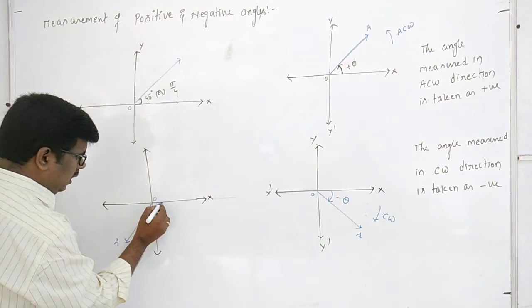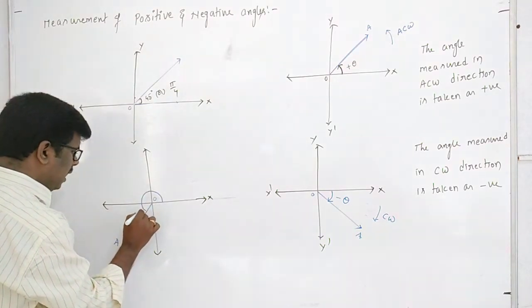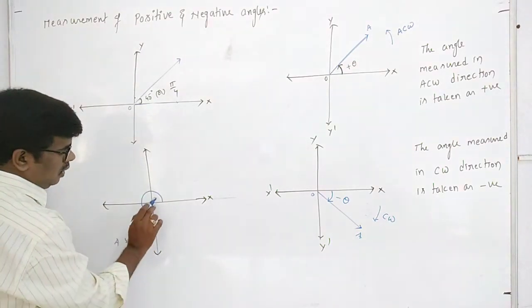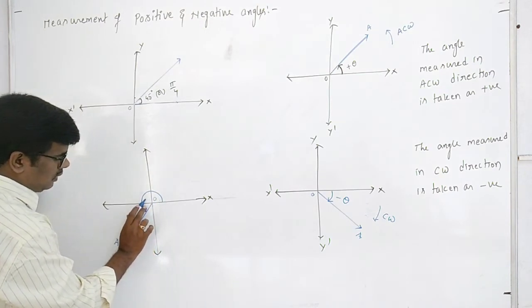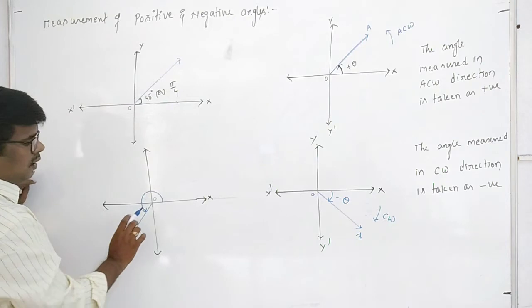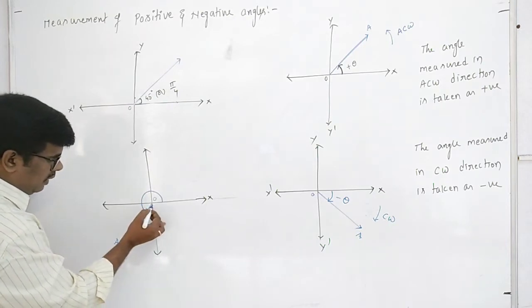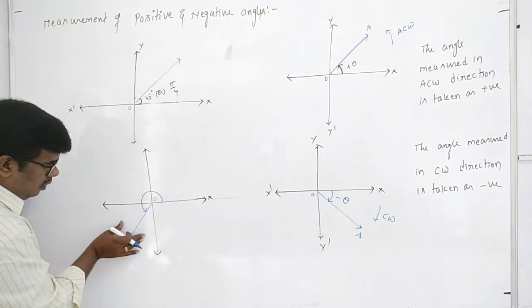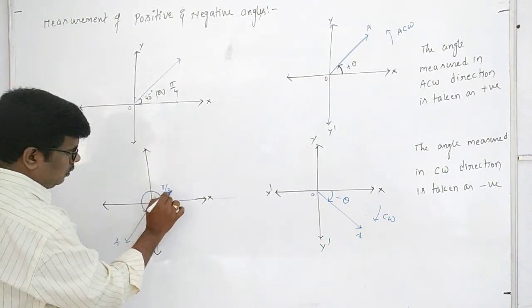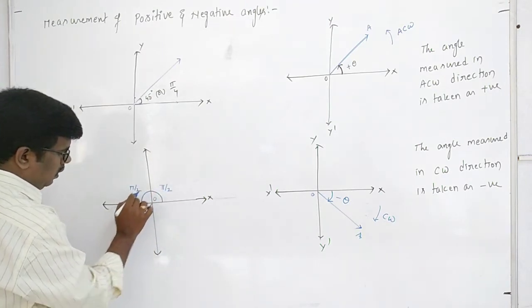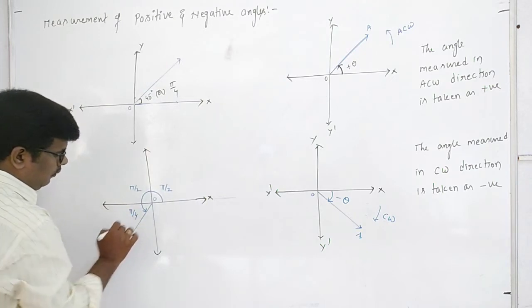If you are measuring in the counterclockwise or anti-clockwise direction, this one quarter is 90 degrees, this is one more quarter, that is 90, 90, here is 180, and it is exactly bisecting the 90 of this third quadrant. So this is pi by 2, this is pi by 2, this is pi by 4.